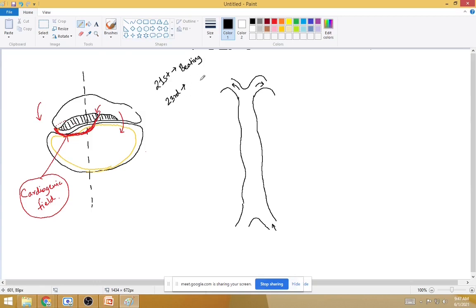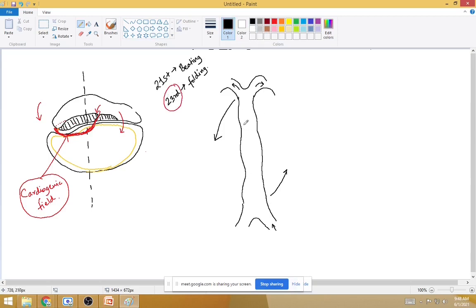There is a process known as the folding of the heart tube. In folding, the cephalic part, the upper part, moves downwards and to the right. The lower part moves upwards and to the left. So it starts at the 23rd day.